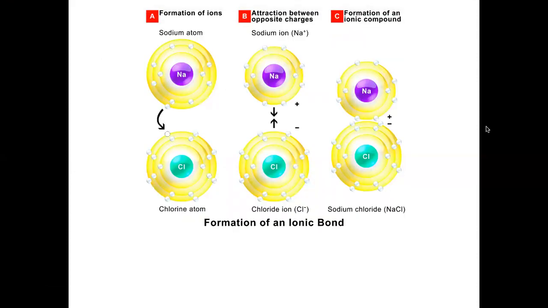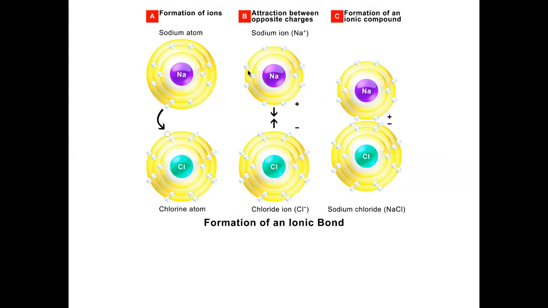So let's look at this as a visual representation here, where we are actually going to have one ion lose while the other ion gains. So we're going back to our example of sodium chloride, where we have a sodium atom and a chlorine atom. This sodium is actually going to give its electron to chlorine.